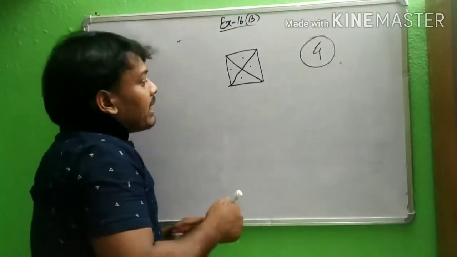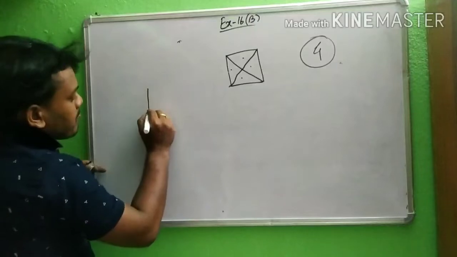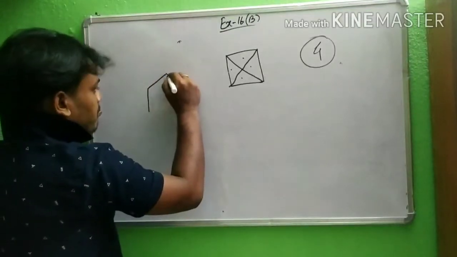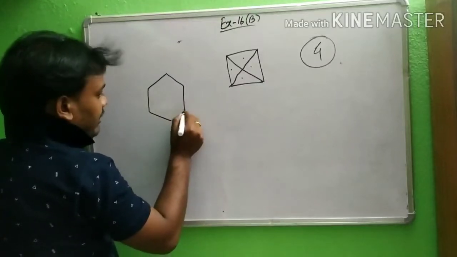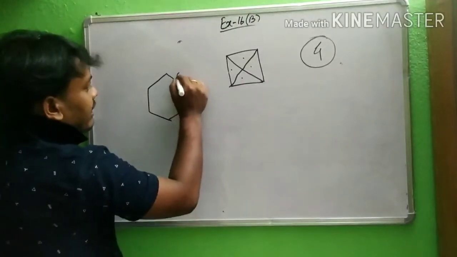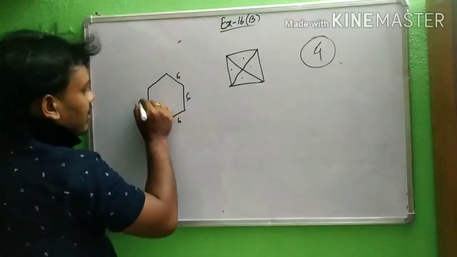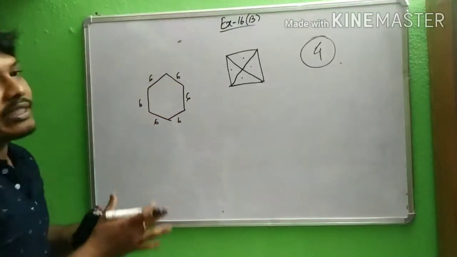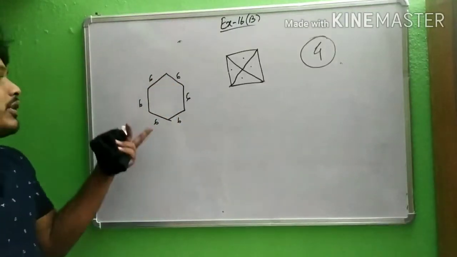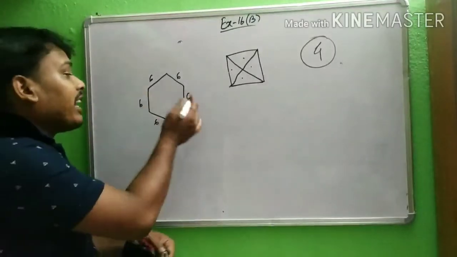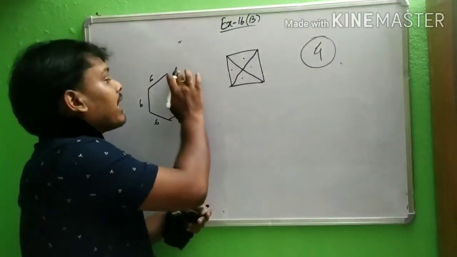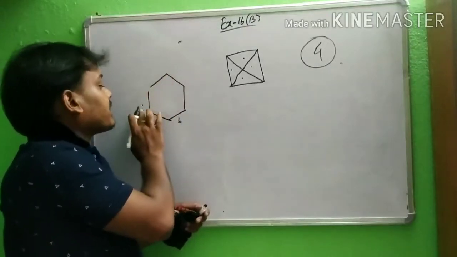In the case of a regular hexagon, all sides are 6, 6, 6, 6, 6, 6, that means all sides are equal. If all sides are equal, it is called a regular hexagon. How many sides are there? 6 sides.